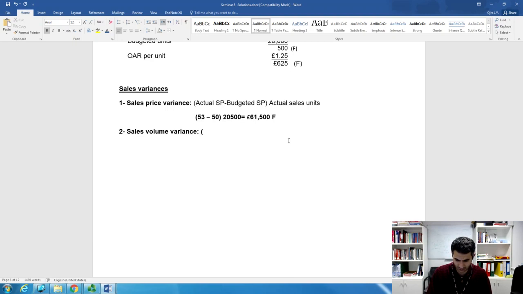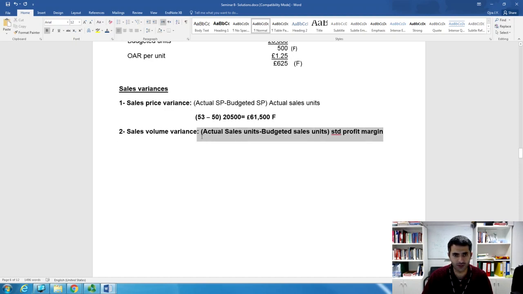Let me write the formula: actual sales units minus budgeted sales units, and then you multiply it by the standard profit margin. Okay, lovely, great. This is the formula for the sales volume variance.